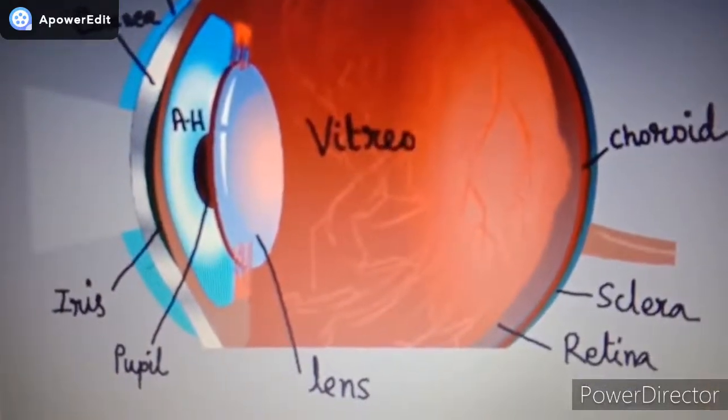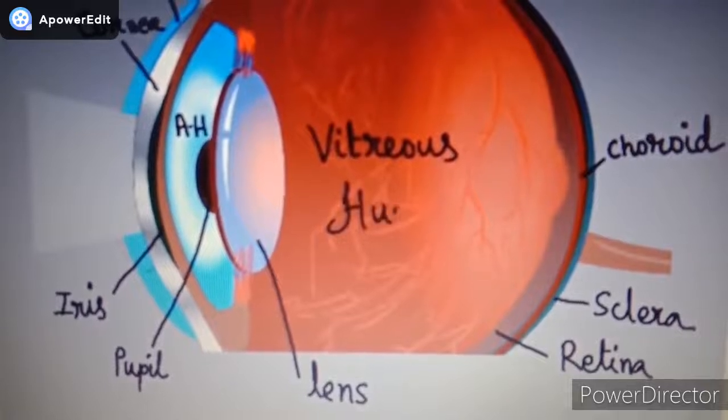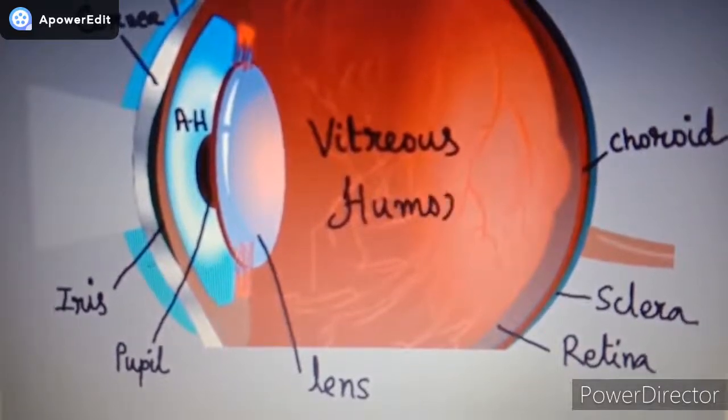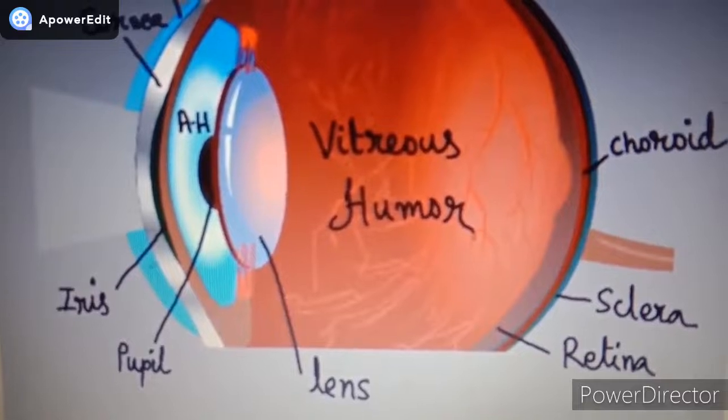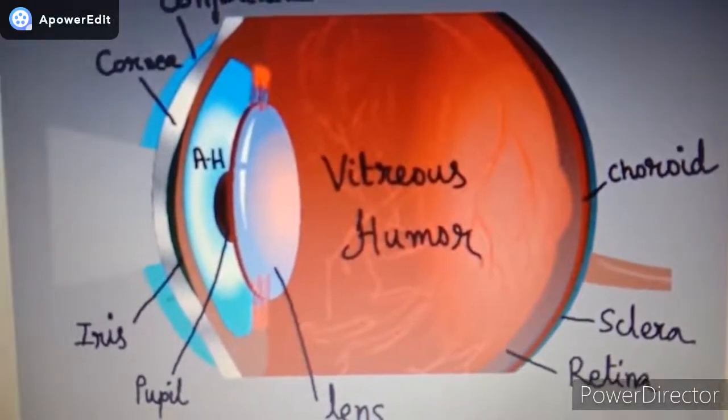VH is a short form of vitreous humor. In the diagram you can see this vitreous humor. So these are the various parts of the eye.